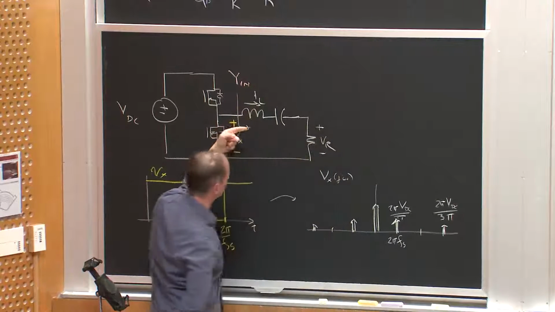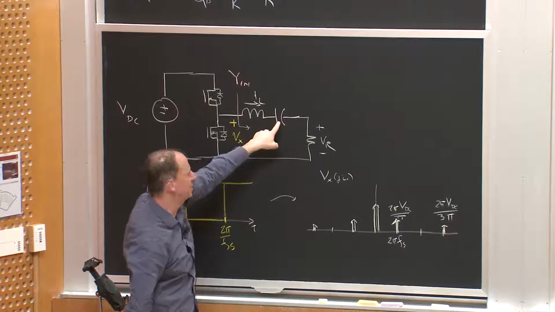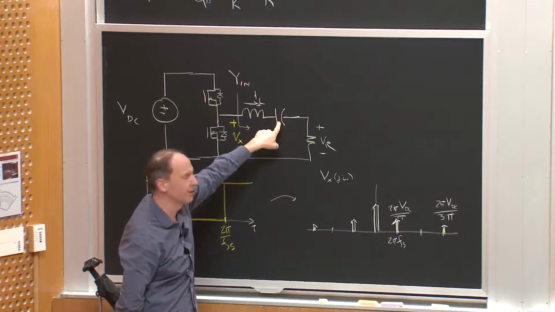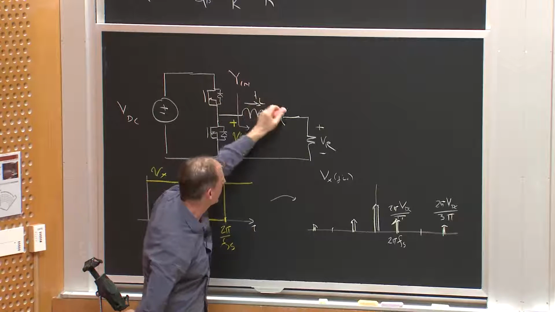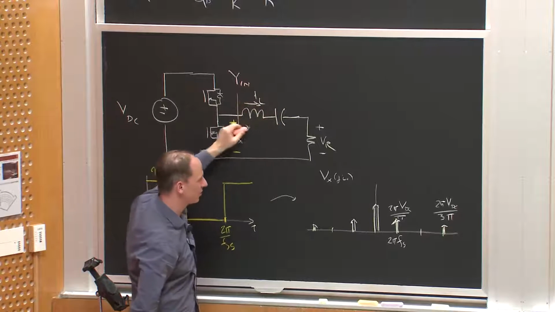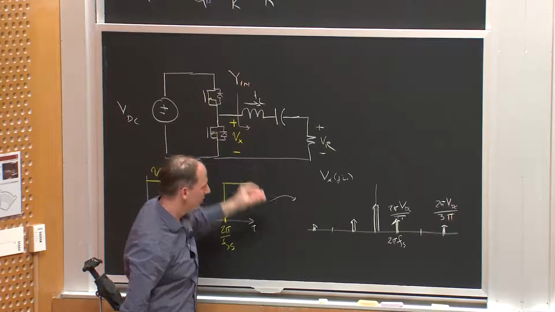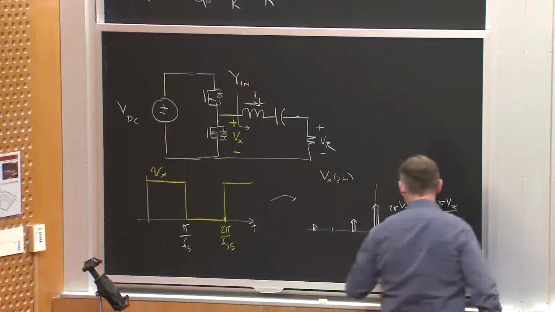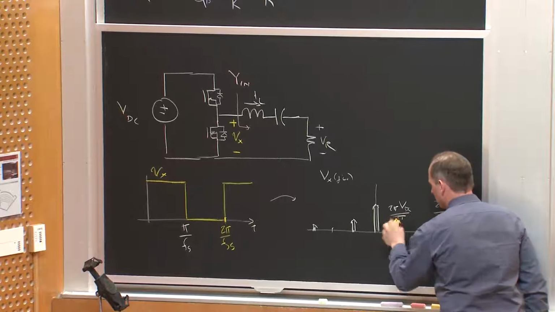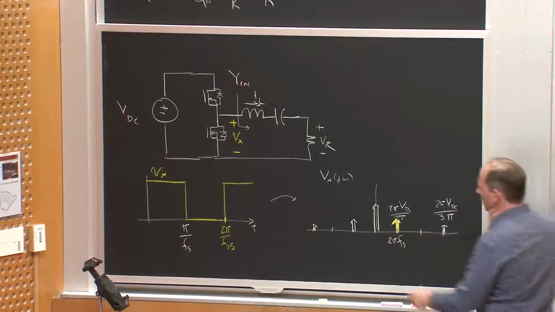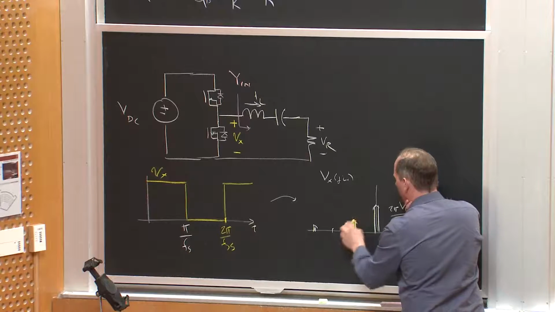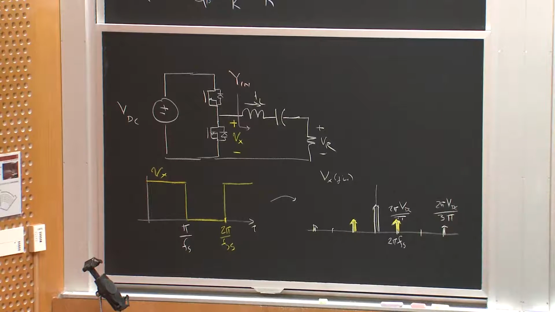As long as the admittance is low, with 0 at DC because of the capacitor, so I don't really care about the DC component. And as long as this looks like a high impedance or a low admittance at the third harmonic, the only element I really care about is the fundamental, okay? So I could then just say, let me just think about the fundamental component driving the network, okay?